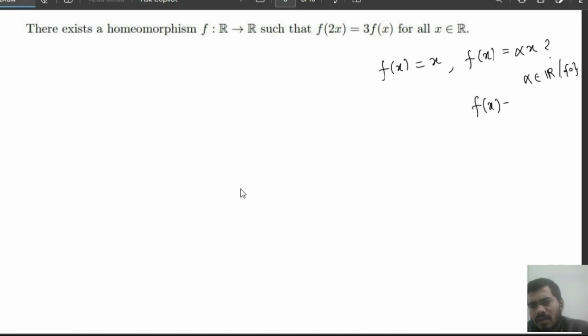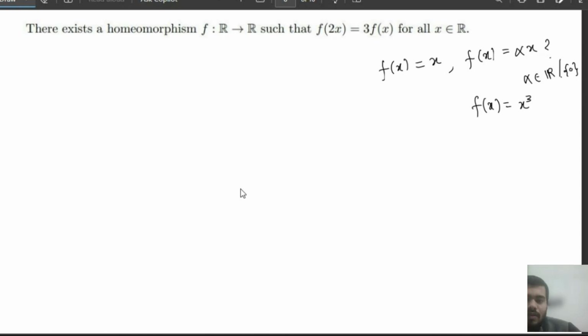Is x cube a homeomorphism? Yes, sir. The inverse is the cube root of x, which is continuous.